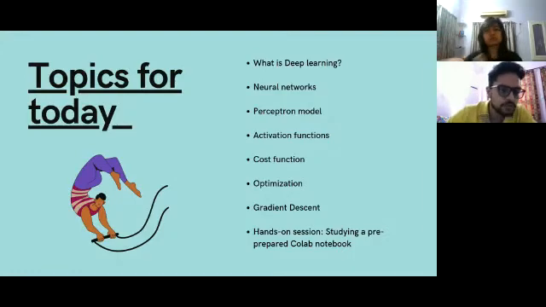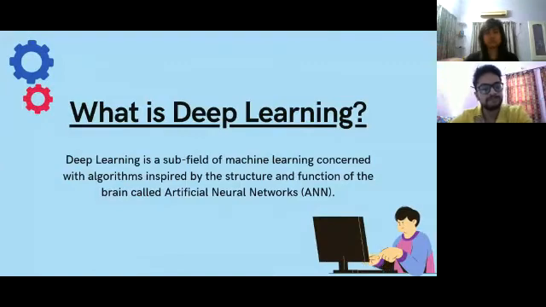We'll be going through what is deep learning, neural networks, perceptron model, activation functions, cost functions, optimization, gradient descent, and in the end, we've prepared a small notebook for you covering some of the concepts which we thought would be great to implement using NumPy. And of course, you can dabble with it in your own free time. We'll be giving you access to that as well. Without further ado, let's get into it.